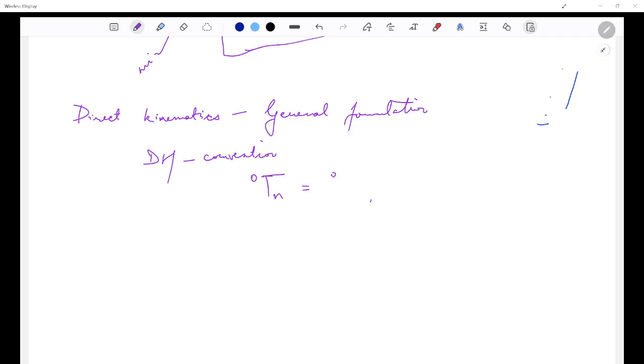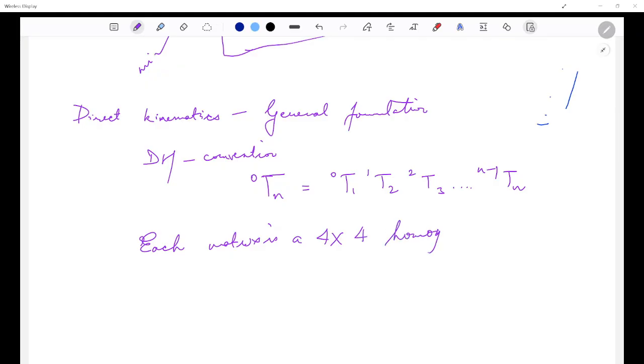So it is the multiplication of the transformation matrices, depending on how many links we have. Each matrix is a 4 cross 4 homogeneous transformation.